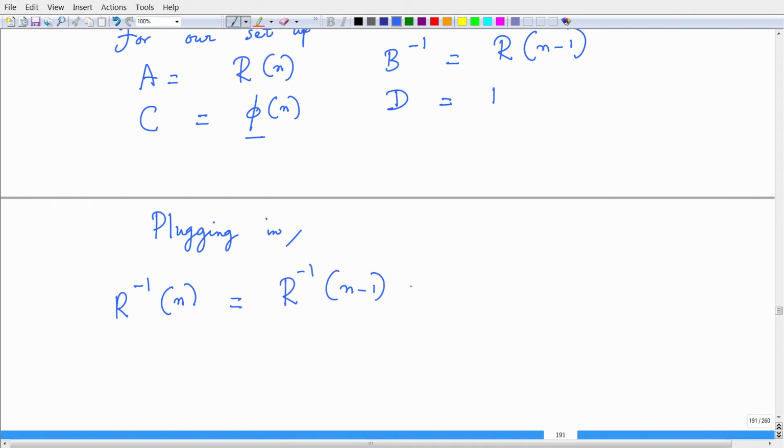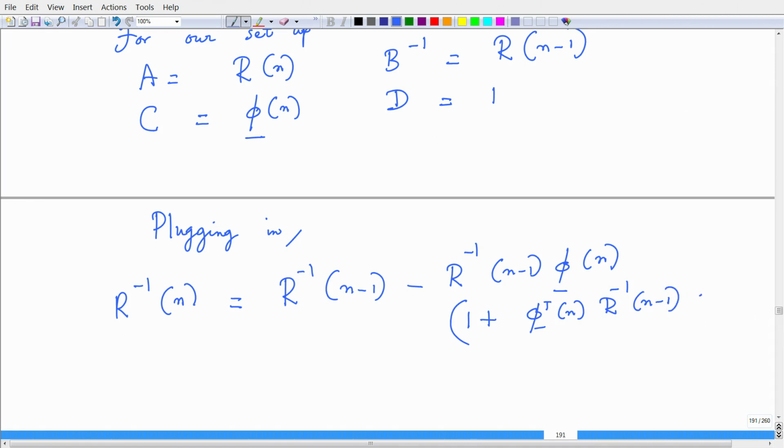We get R inverse of n minus 1 minus R inverse of n minus 1 times phi of n, where C is phi of n, which is what I have written down, then D is 1 plus C transpose, which is phi transpose of n, times R inverse of n minus 1 times phi of n.